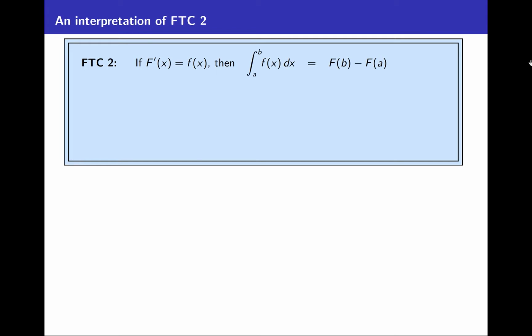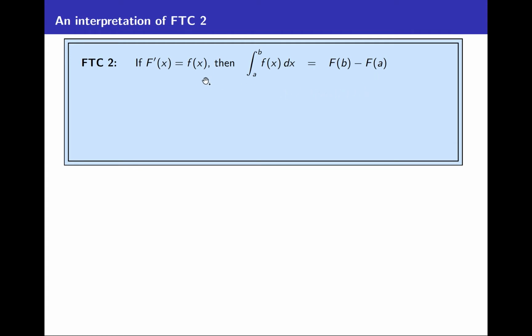Let's move on to our second goal for today, which is an interpretation of the Fundamental Theorem of Calculus, Part 2. And I'll put it in this blue box. Remember that Part 2 states that if big F is any antiderivative of little f, that is, if big F prime of x equals little f of x, then the integral from a to b of little f of x dx equals big F of b minus big F of a.